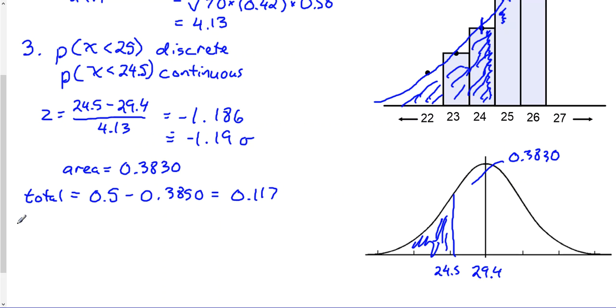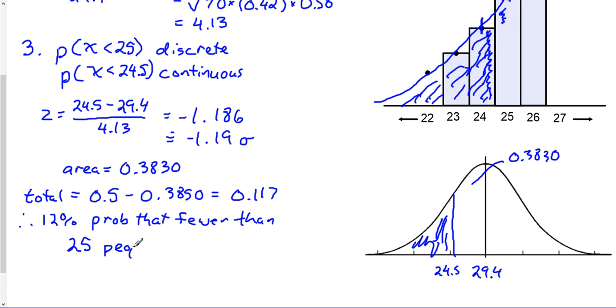And that's going to be our probability. So let's round it up and say that there's about a 12% probability that fewer than, going back to the original discrete number, 25 people choose Z-cola.